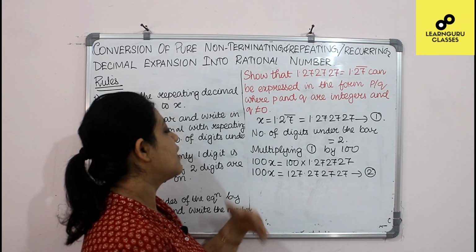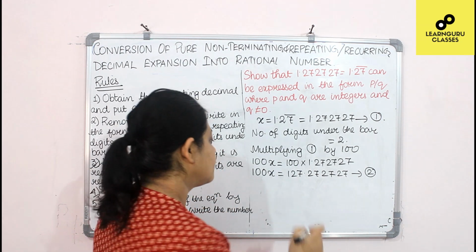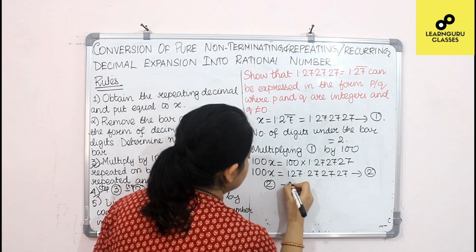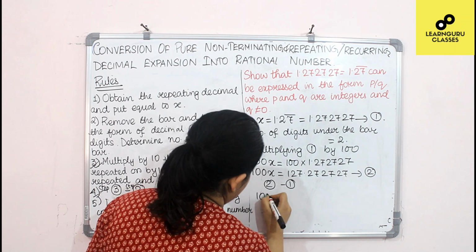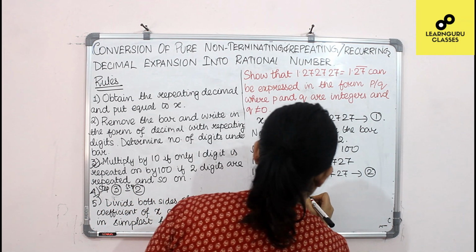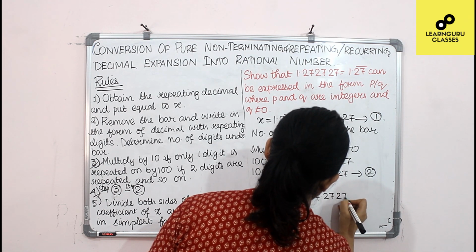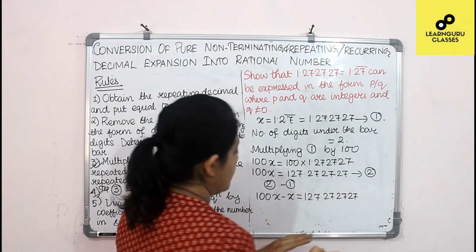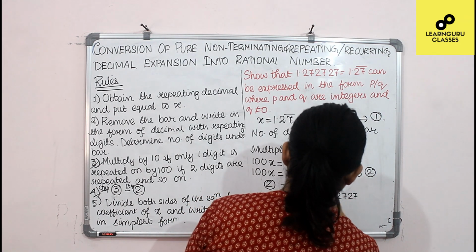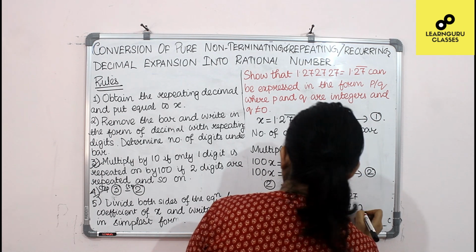Okay, so you have to get rid of the digits after the decimal. So what will you do? Equation 2 minus 1, that is 100x minus x equal to 127.272727 minus 1.272727.